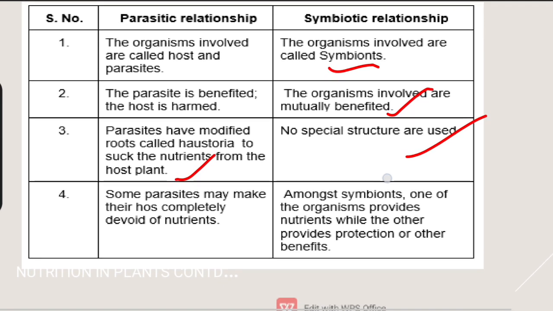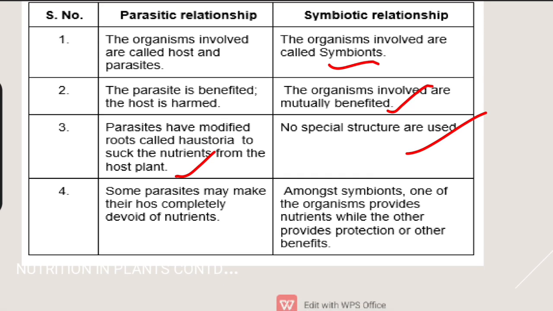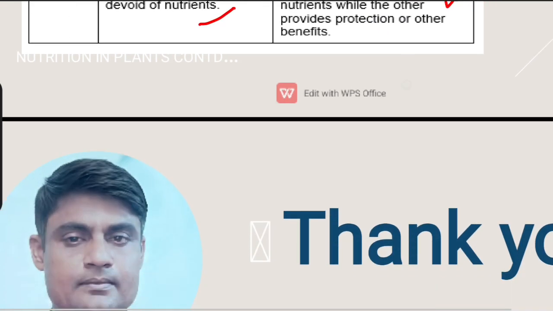Some parasites may make their host completely devoid of nutrition, and in symbiosis, one of the organisms provides nutrients while the other provides protection or other benefit.